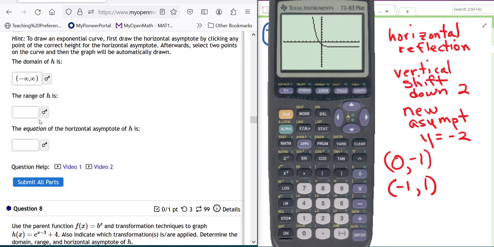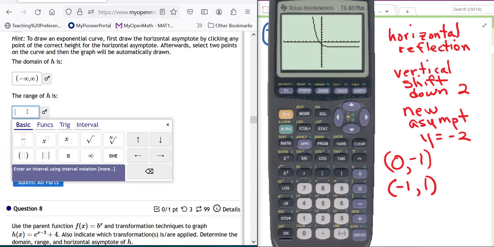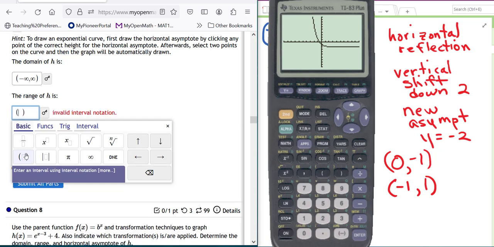Range, -2. You will need parentheses because you're not touching that asymptote. Whoops, that is not -infinity, it is -2, comma, infinity.